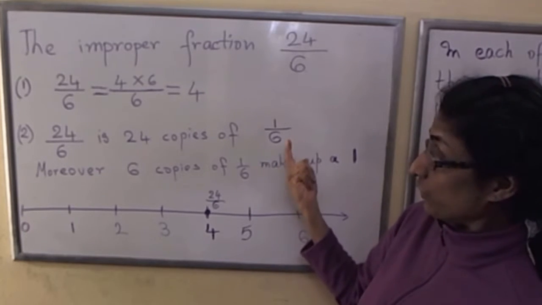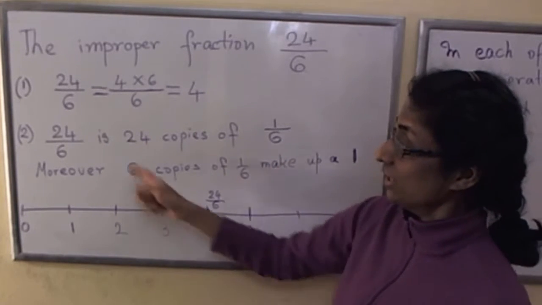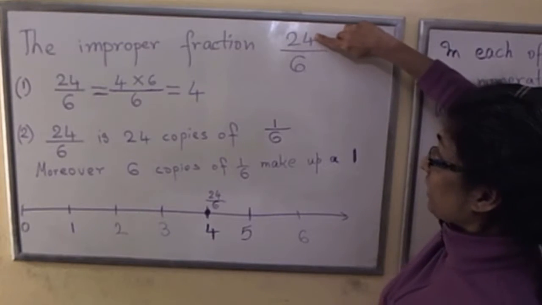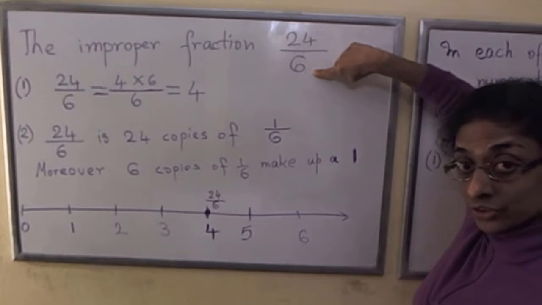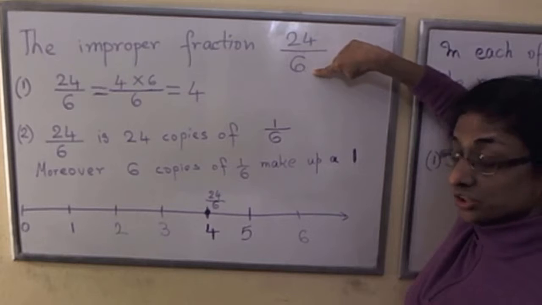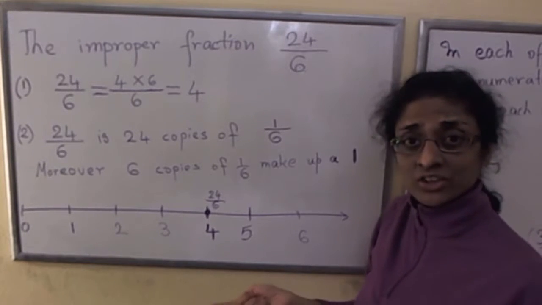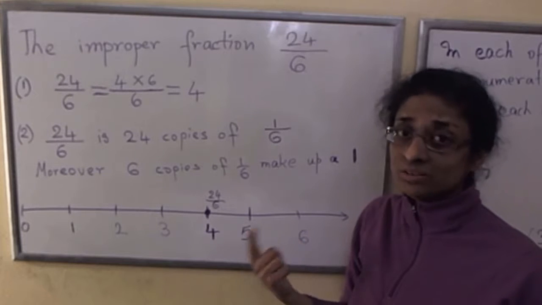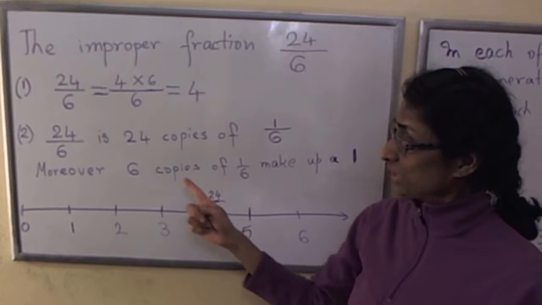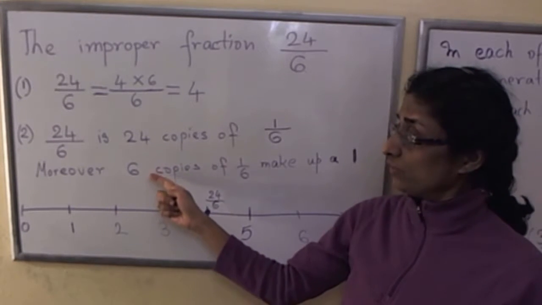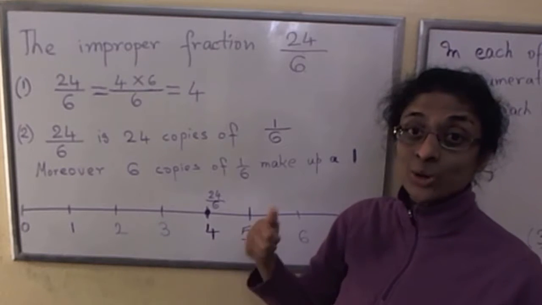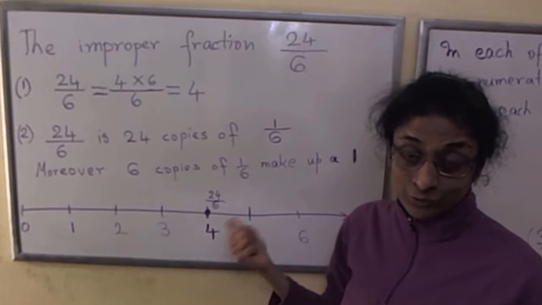So what we are realizing is when the numerator is a multiple of the denominator, such as in this situation, 24 over 6 seems to really match with 24 divided by 6. Why is that? From the explanation I just gave, we said we need to know how many 6's are in 24.